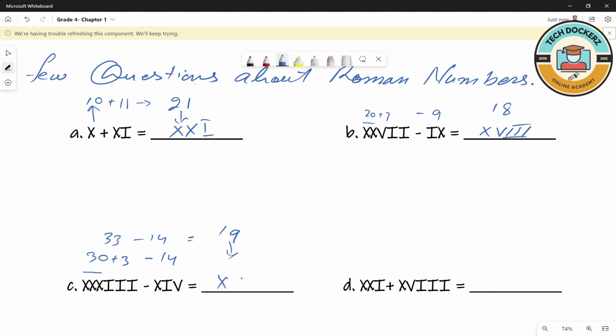X represents 10 and then IX. Question D. 21 plus 18, which will give us 39. And how can we write 39? XXX represents 30, plus 9.